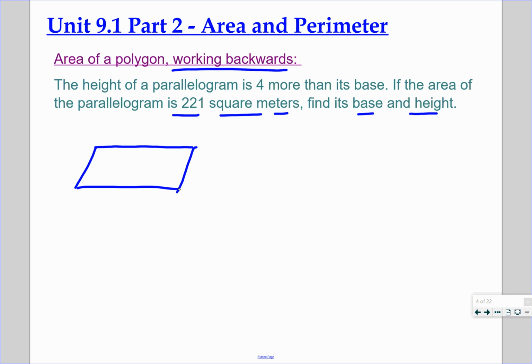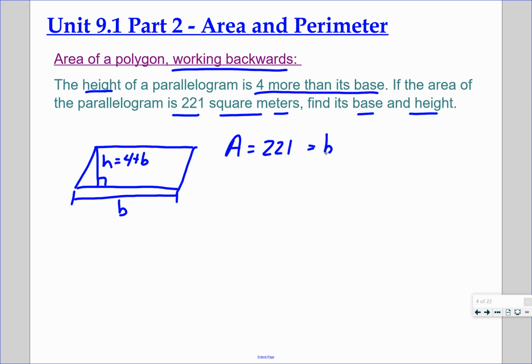So if we have a parallelogram, we could say that the height and the base are the dimensions that we're going to find. So we know h is here, base is here. But this time we were told that the height was 4 more than the base. So we could actually call our height 4 more than the base. And we know that the total area is 221.